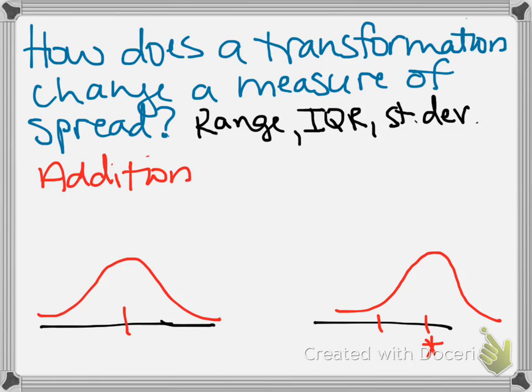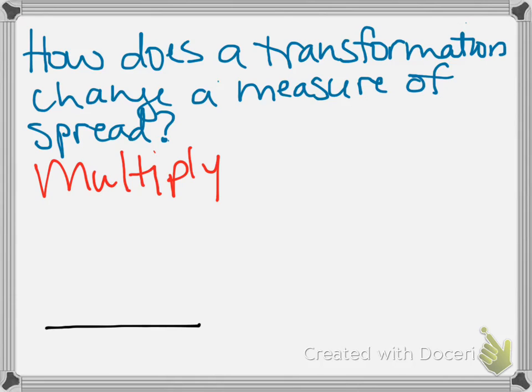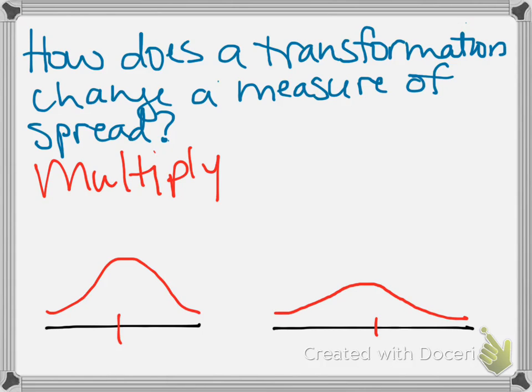The same is not true, though, if we are going to multiply. Multiplication by some constant on our data set is going to also change our measures of spread. So if this is our original data set and our original distribution, and we multiply by some scalar, let's use the example of 1/2 again, that's going to flatten out our distribution to maybe look something like this.